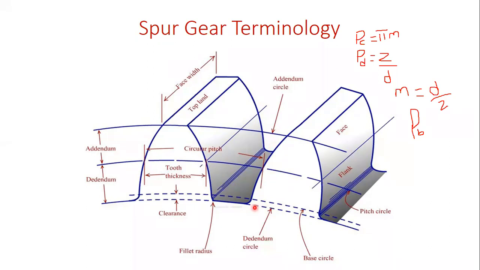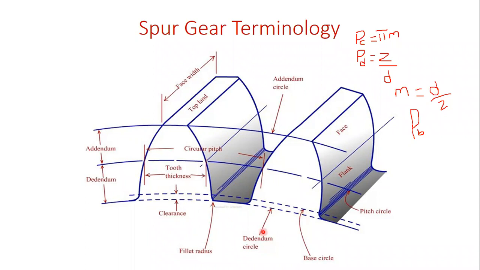And next one is the dedendum circle, which passes through the root of the gear teeth, through the root of all the teeth. We call it the dedendum circle.